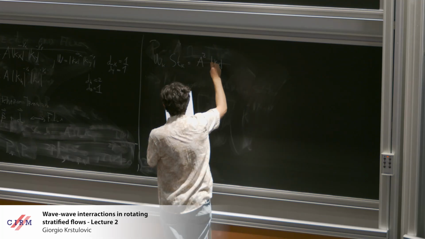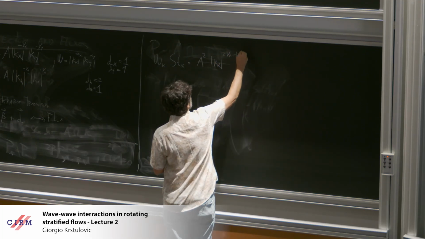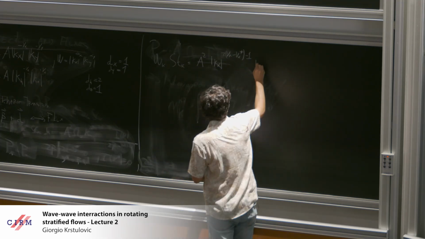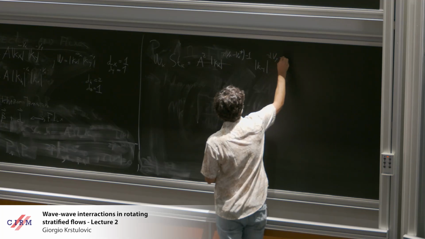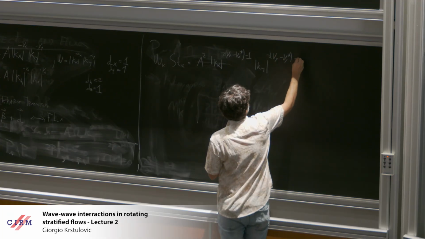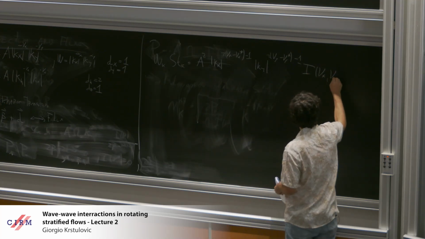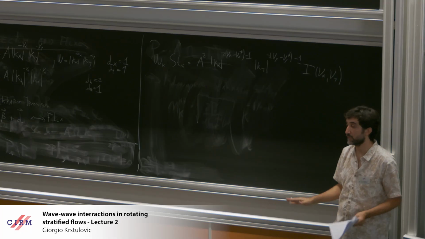kx, 2 nu x minus nu x star, minus 1 I of. This is just exactly the same as before.